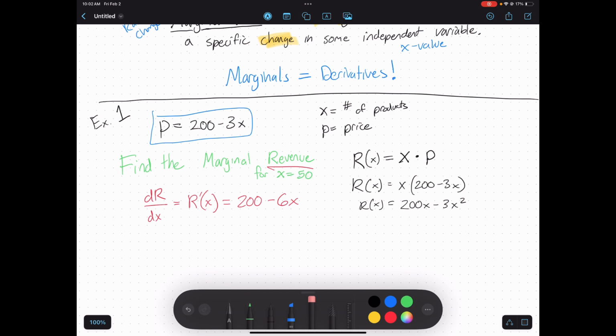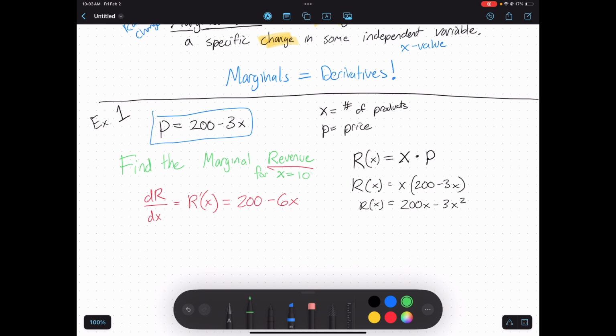No, that's too big. Let's just do x equals 10. What does that mean? x equals 10 means I'm going to be selling 10 products, or if we're working with thousands, 10,000 products. But 10 represents the number of products I want to sell.